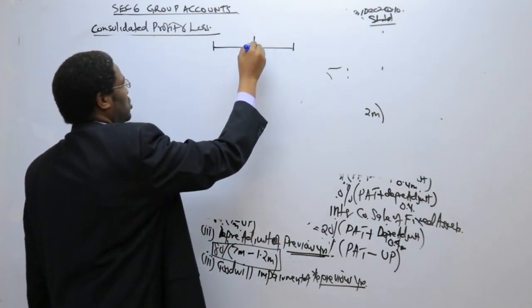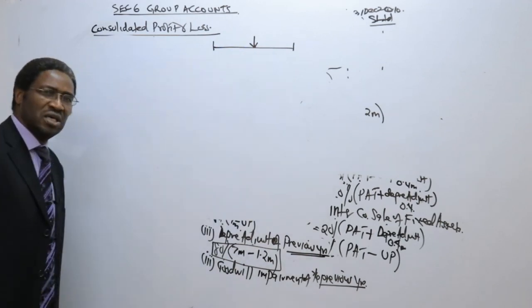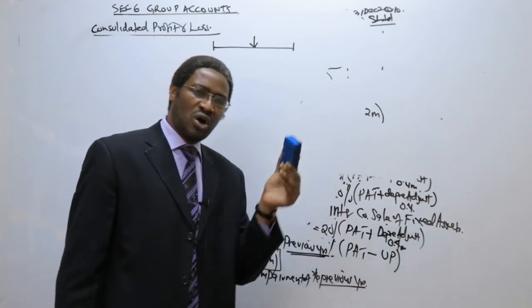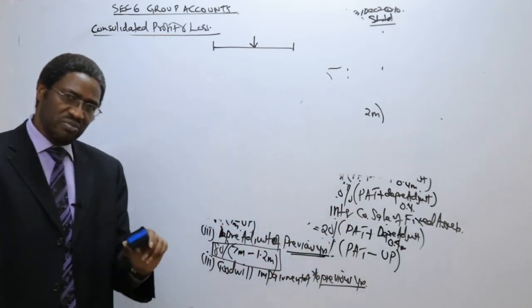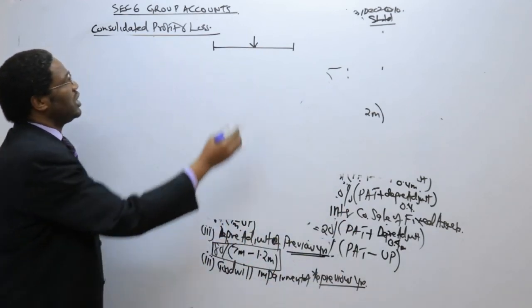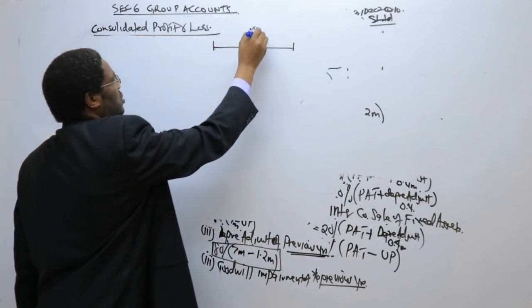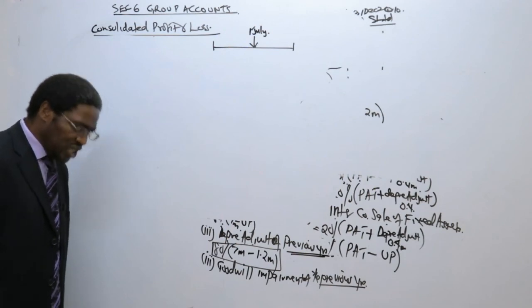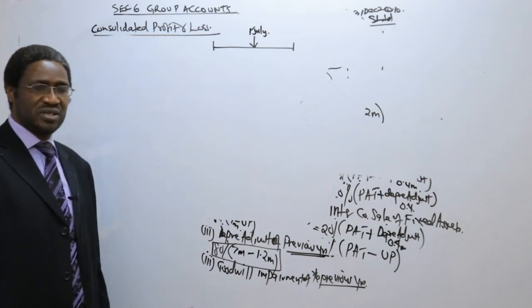It could be a case where you acquired your subsidiary company in between the year. So let us assume that you acquired your subsidiary company on 1st July this year, and we are assuming the year is ending on 31st December.